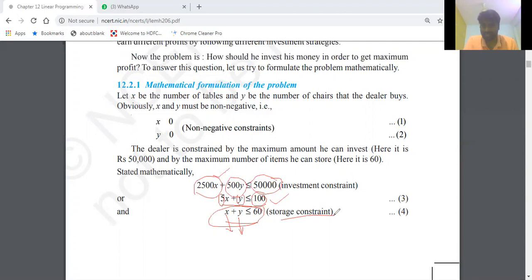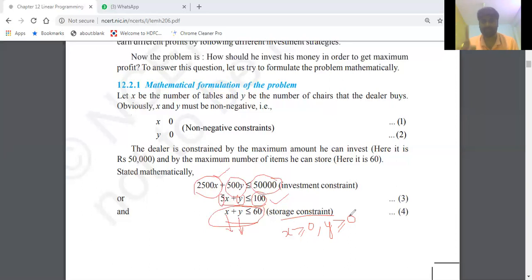After that, what is the last thing we write? x greater than or equal to 0, and y greater than or equal to 0 we can write. These two constraints are common for every LPP. In every linear programming problem we write x greater than or equal to 0 and y greater than or equal to 0.